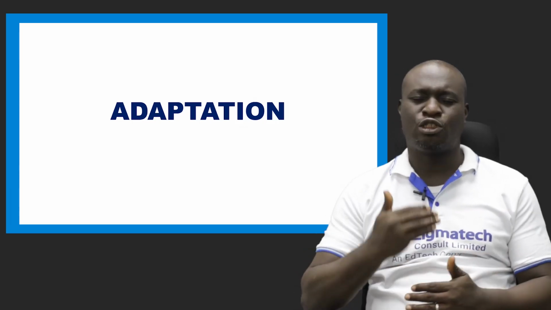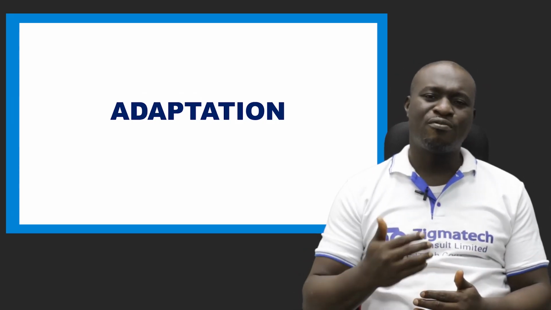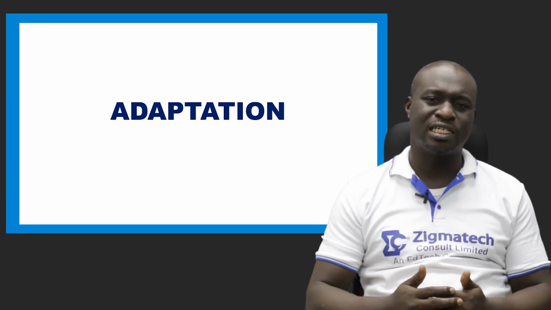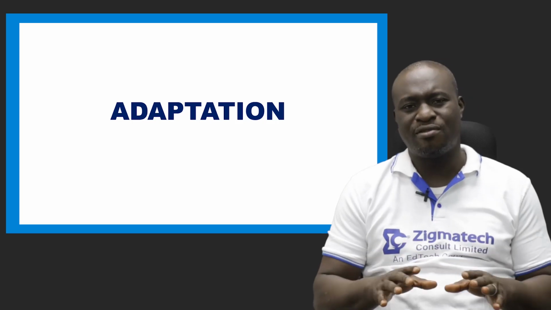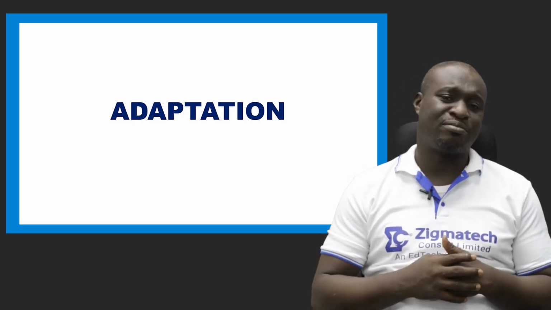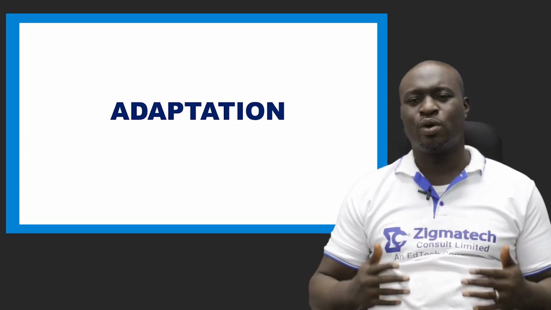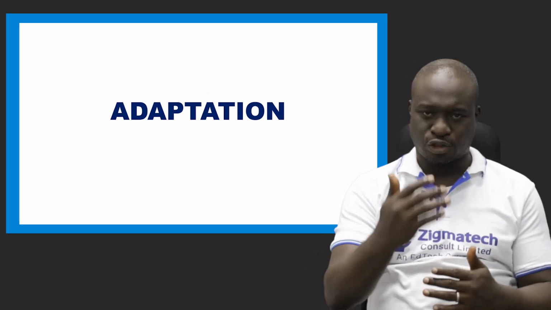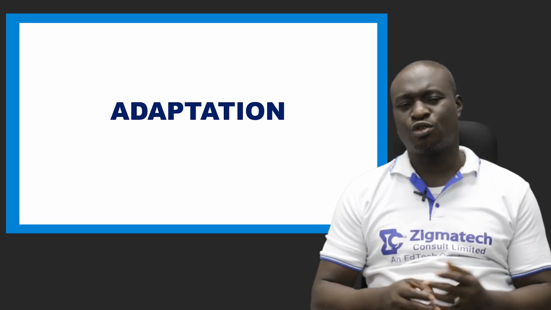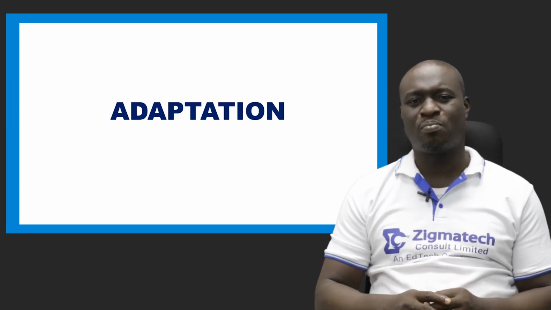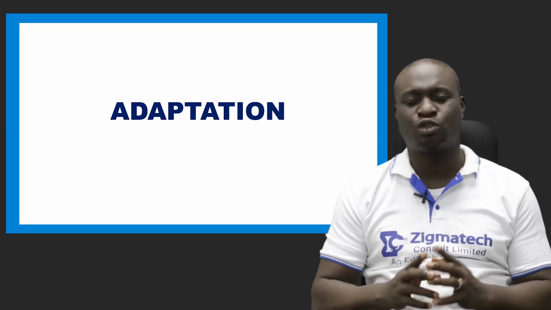So they adjust to these changes, and one of the ways they do this is by developing structures and behaviors which we can call adaptive features, that help them withstand or adjust to certain changes in their environment. And so today we're going to be looking at the topic adaptation part 1.